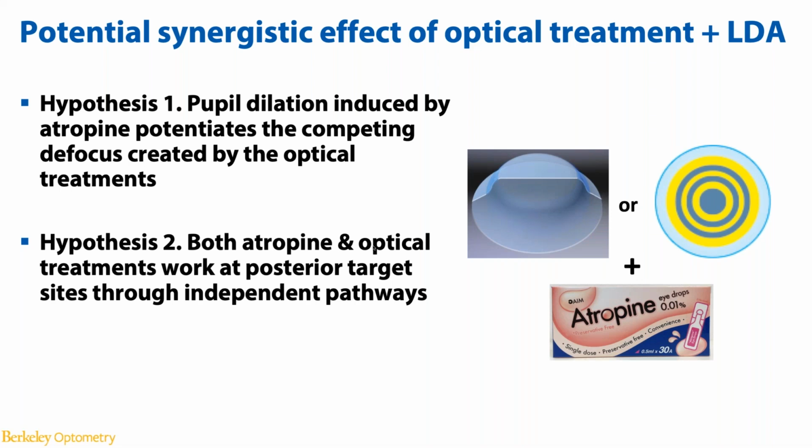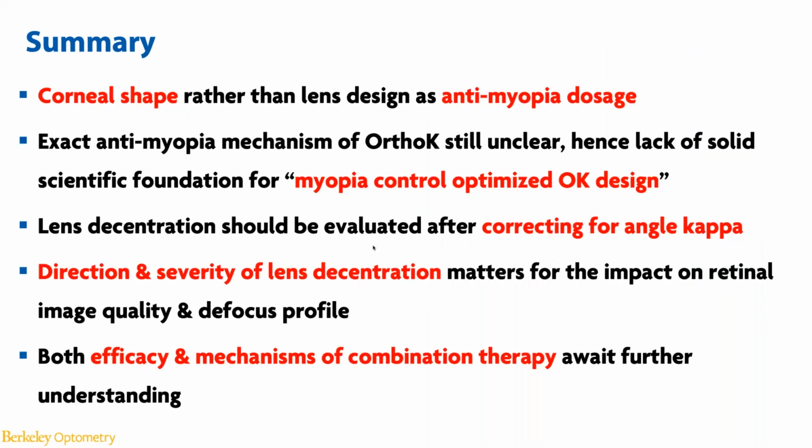But I just want to bring this to everybody's attention, that this is something we as clinician researchers are striving to understand better. So to conclude, in the future, for any long-term anti-myopia studies, we want to pay closer attention to the actual change in corneal shape, rather than assuming that whatever design change we put on the lenses can be reliably transferred to the cornea.